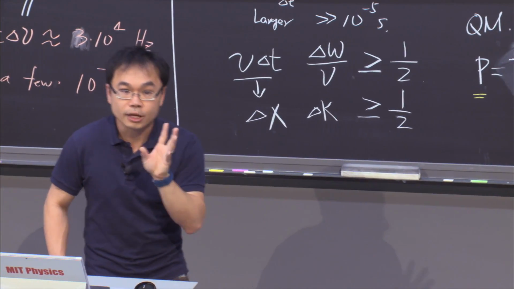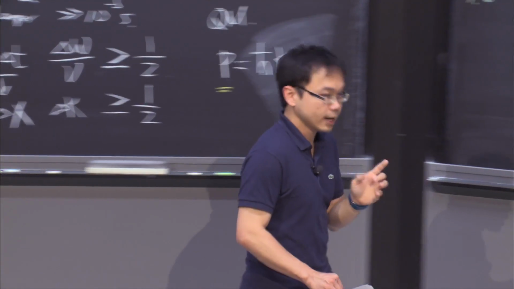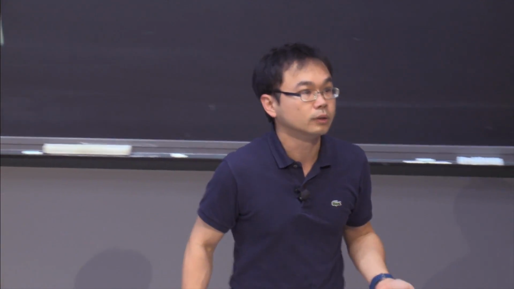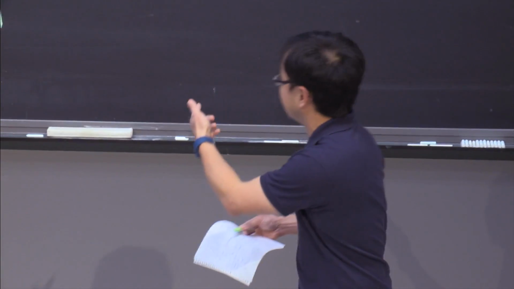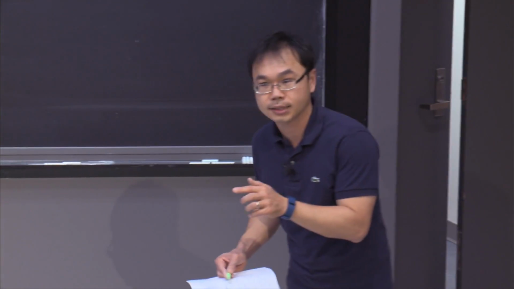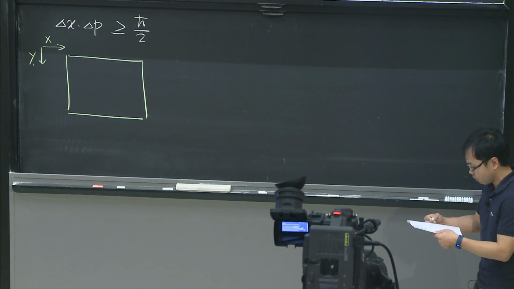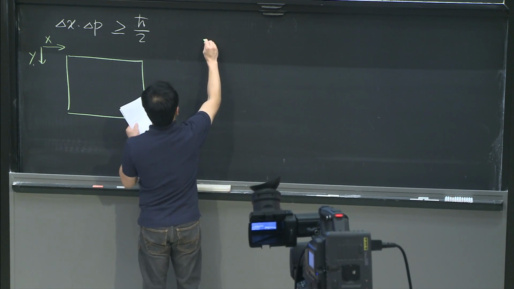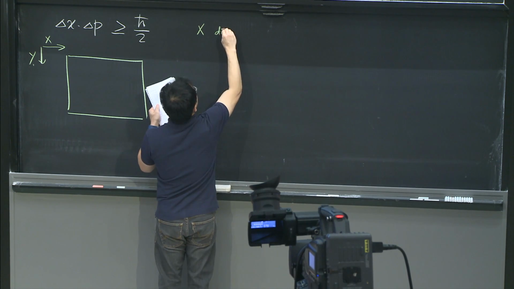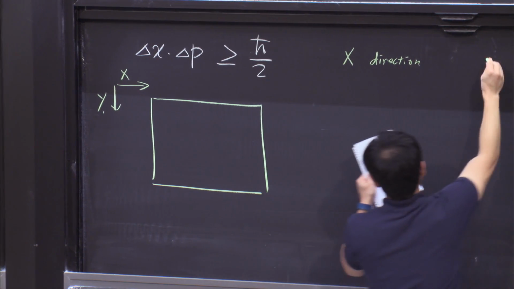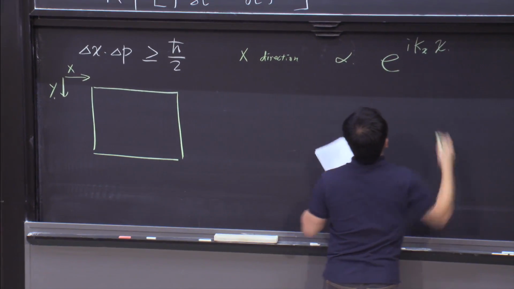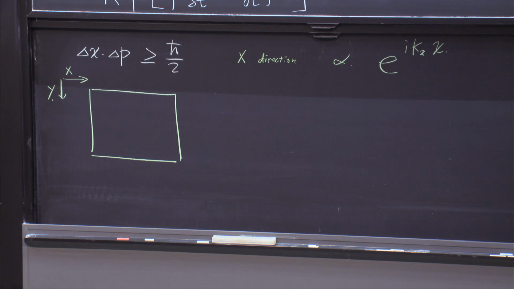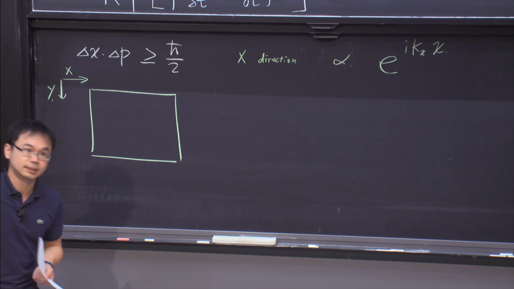If I use translation symmetry, I can already know the functional form of the normal mode, right? Because if it's translation symmetric as a function of x, and translation symmetric as a function of y, then the eigenstate in the x direction will be proportional to exponential i k_x x. k_x is the wave number associated with the wave in the x direction, right?